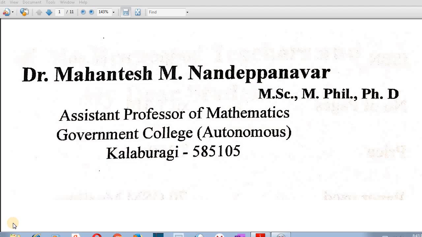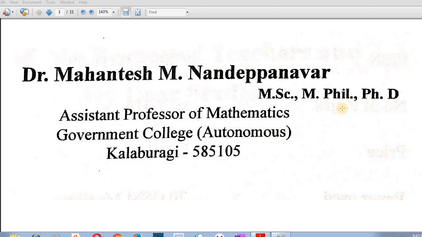Today we will see how to evaluate definite integrals, or integral values, using four methods: lab 2, lab 3, lab 4, lab 5. First is the trapezoidal rule, then Simpson's one-third rule, Simpson's three-eighths rule, and Weddle's formula.